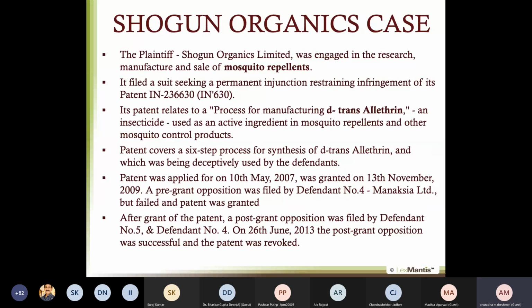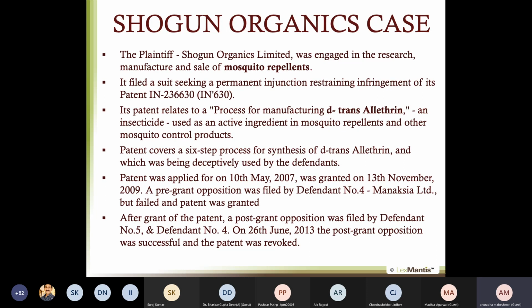Very, very interesting case. Shogun's Organics, I don't know if any of you know, is engaged in the research, manufacture, and sale of mosquito repellents. They had come out with a patent for one of their products, and their product is D-trans-allethrin. This is an insecticide, and it is an active ingredient that is used in all mosquito repellents.